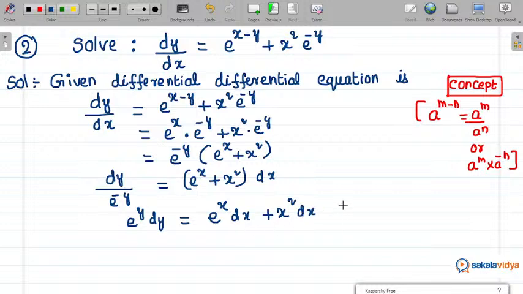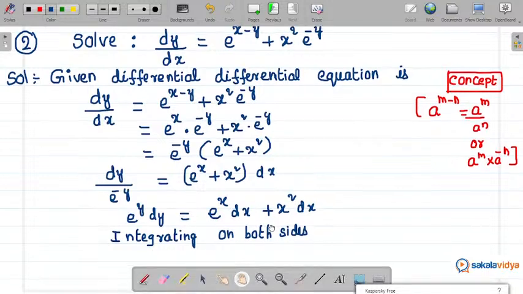Integrating on both sides. Okay, you try yourself. On integration, what do we get now? We have separated the variables and now we are integrating.